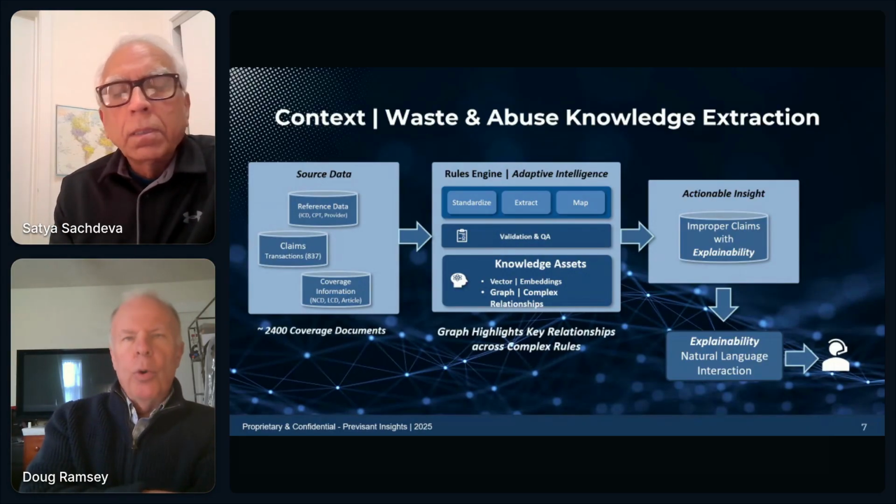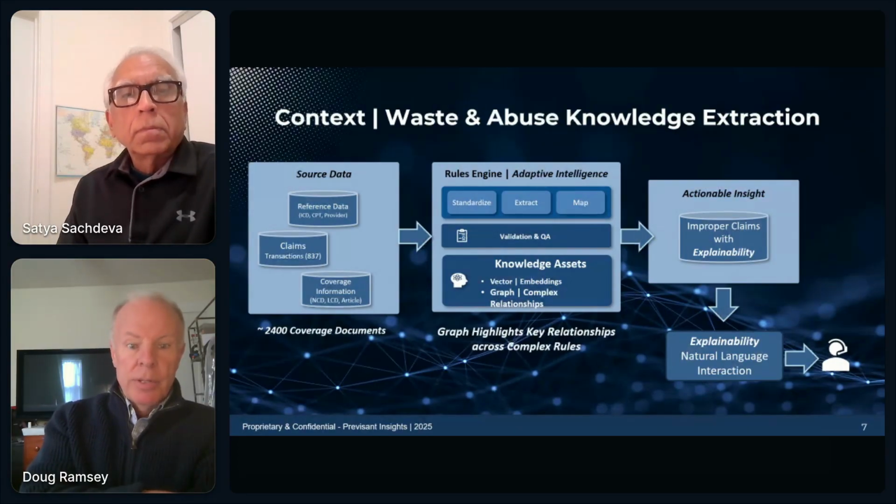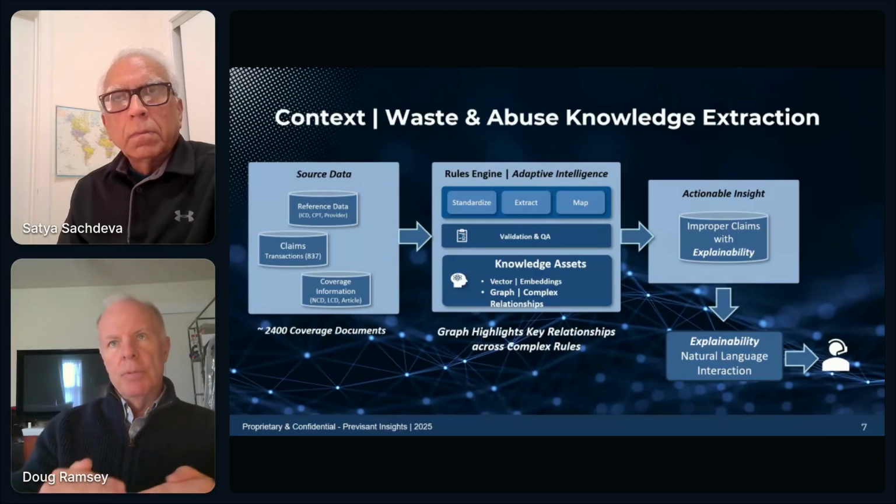So there are roughly 2,000 coverage documents that we bring in, which result in several million rules themselves. But the key piece here is the graph database enablement: the relationship between, not just the rule itself, but relationships between rules.